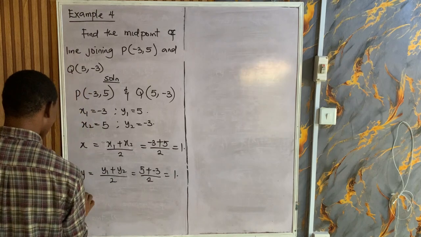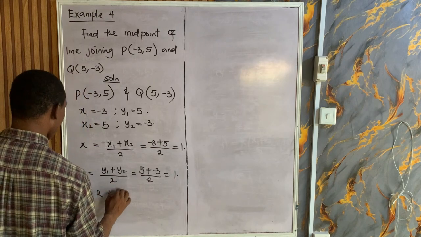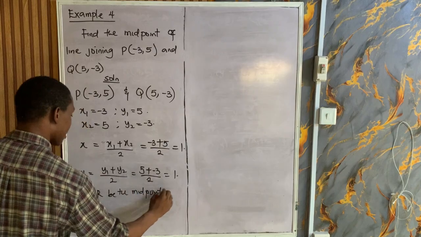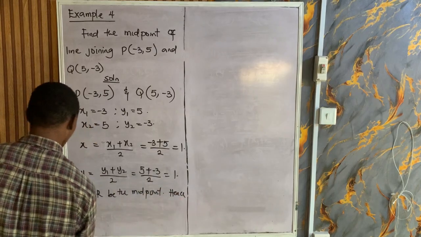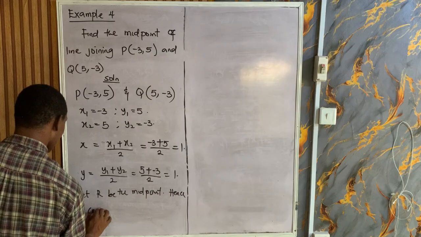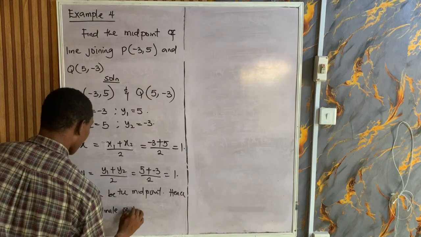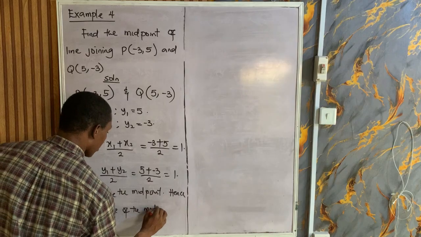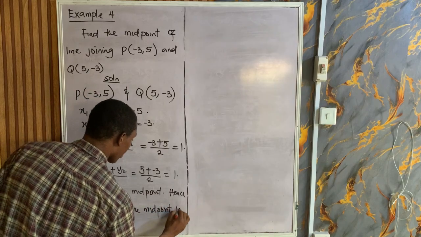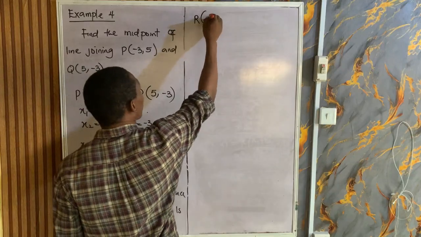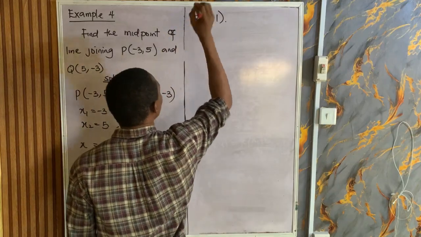So let R be the midpoint. Hence, the coordinates of the midpoint is R into brackets 1, 1.